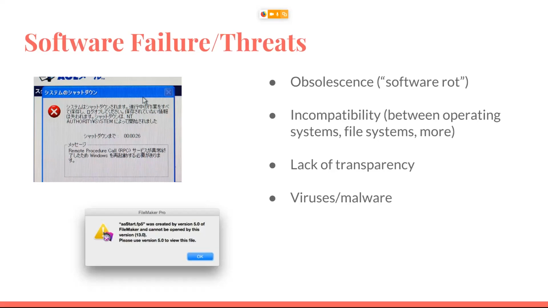A lack of transparency in a software sense usually means software not being clear about what it is actually doing. That can be a concern sometimes, especially with commercial pieces of software.